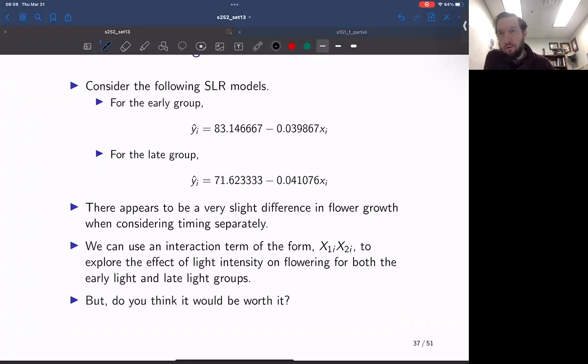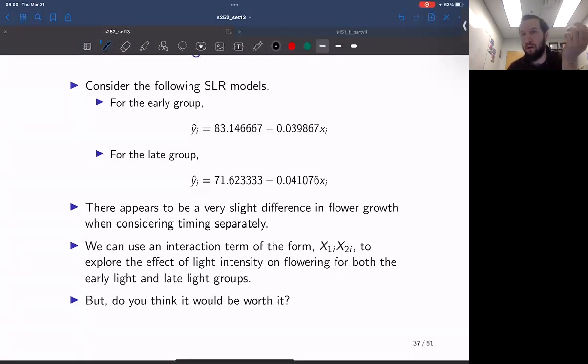Now for the metaphone plant experiment, if you consider each group separately, we have the 2 simple linear regression models shown below. So we have an SLR model for early group and we have an SLR model for late group. So that's as if we split the data into 2 different data sets and fitted to each one separately. Okay, so we can see that we have these 2 slope values associated with the groups that are very, very similar.